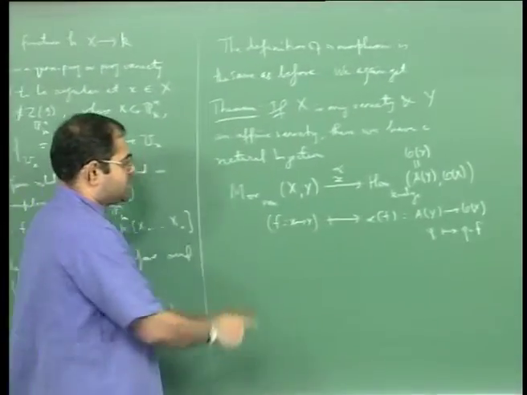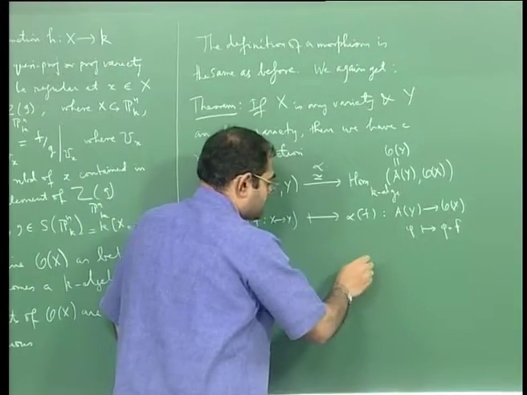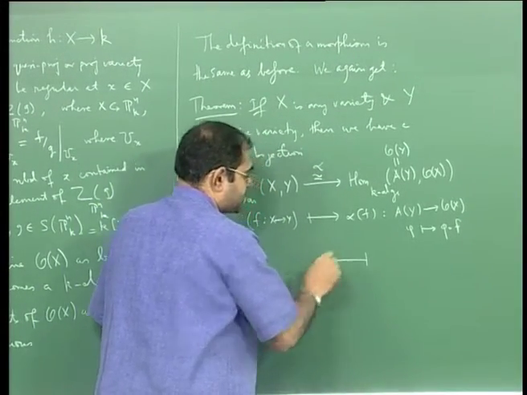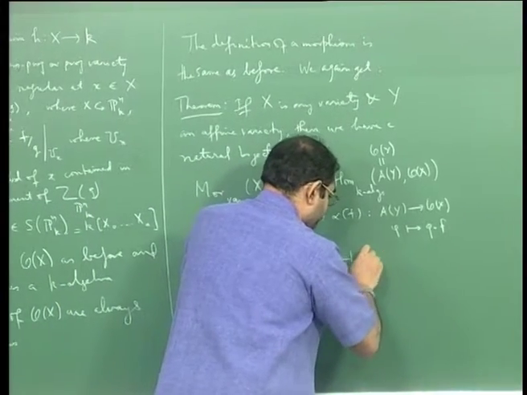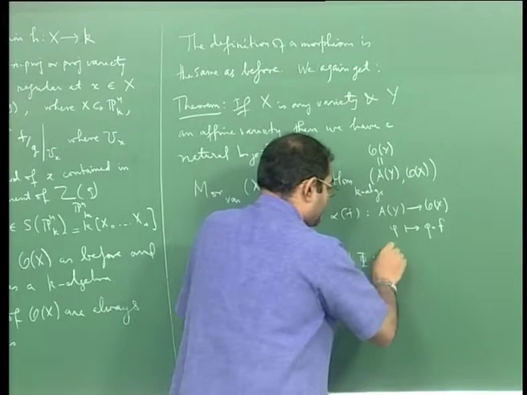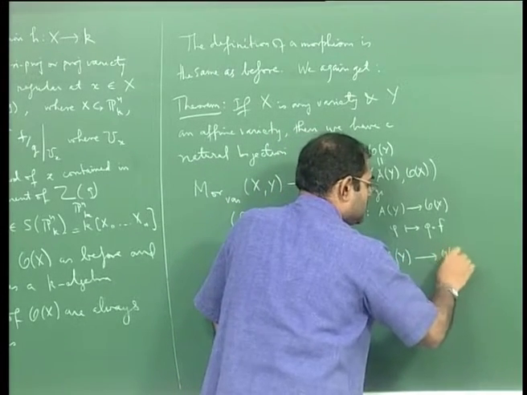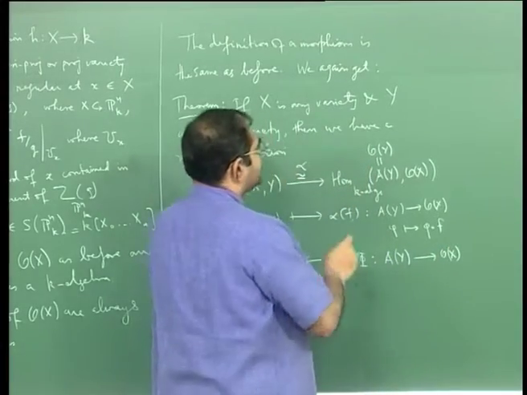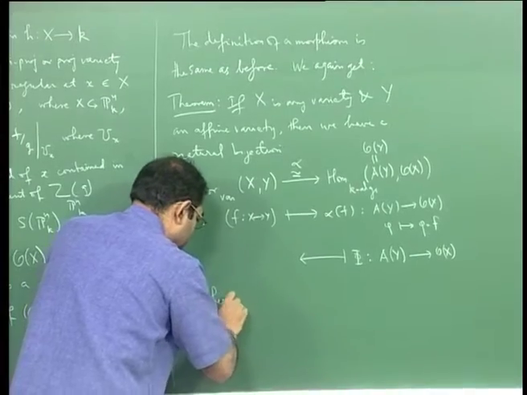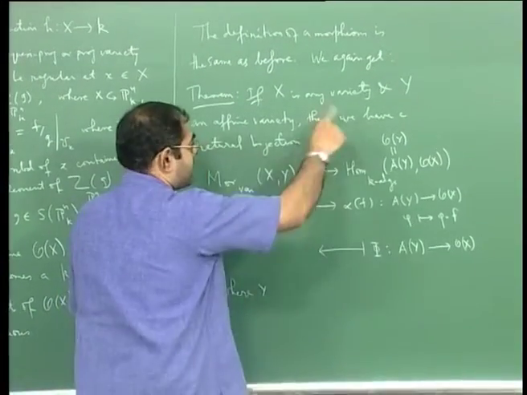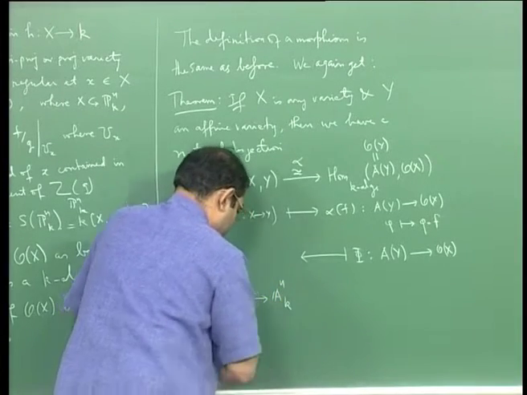This is the map we defined, and then you also have the inverse map which goes in this direction. What is the inverse map? If you start with phi, a K algebra homomorphism from AY to OX, recall that Y is an affine variety, so Y sits inside some A n.